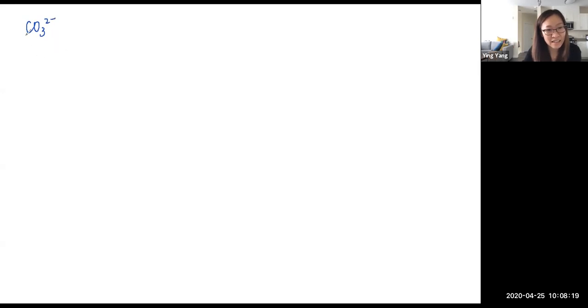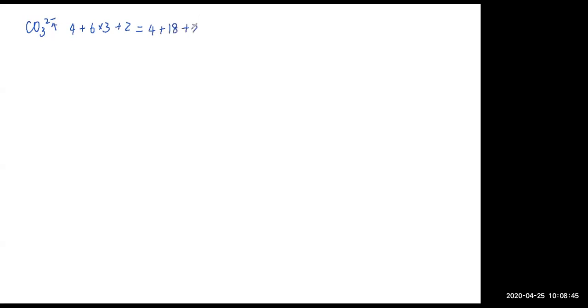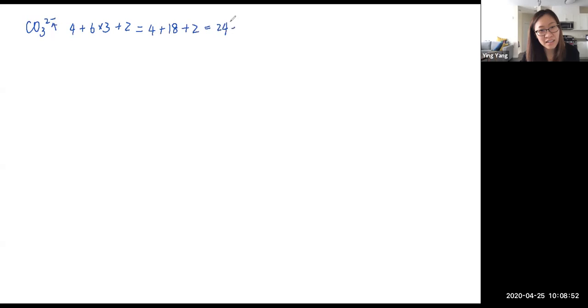And then we calculate the valence electrons for carbon. Carbon has 4 valence electrons, right? Oxygen has 6 times 3, and then plus the 2 for the 2- charge. So 4 plus 18 plus 2, and then we have 24 electrons.